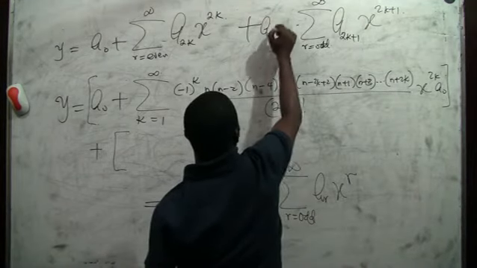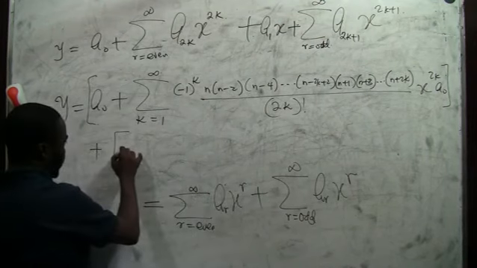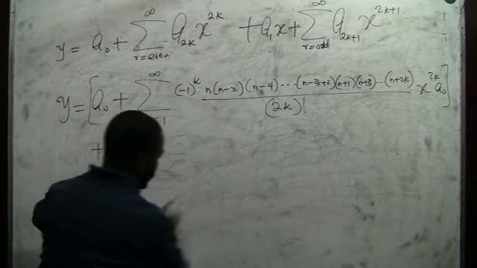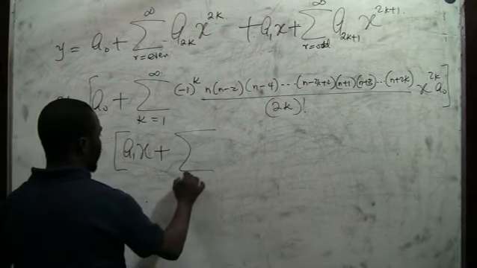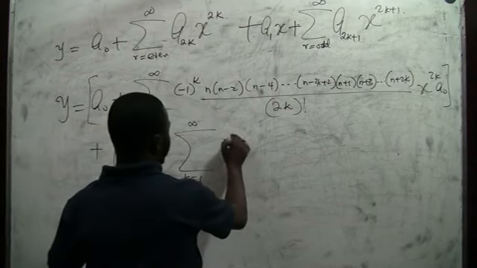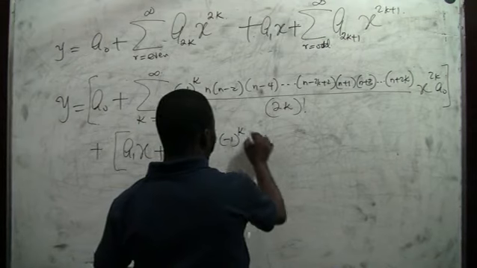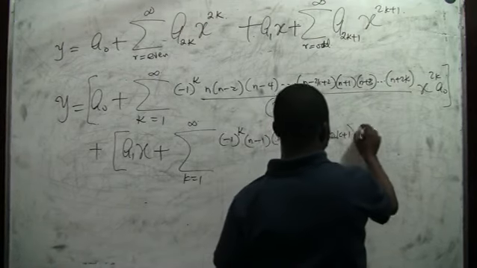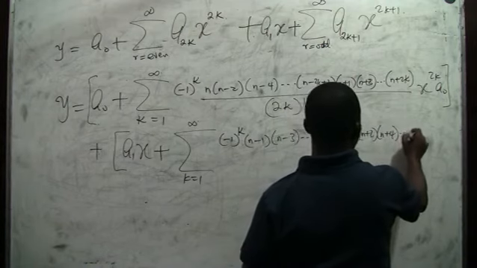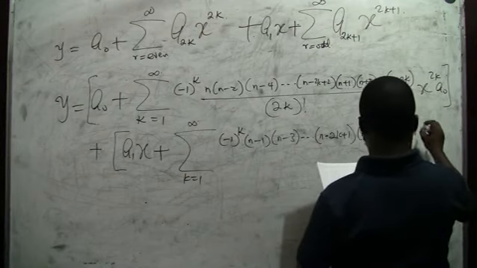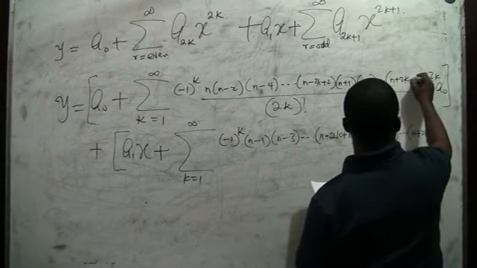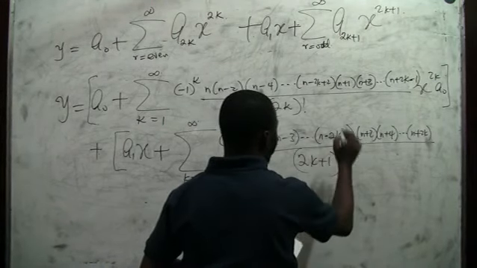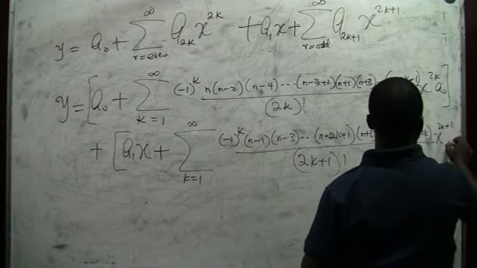And that gives a1 x plus summation k from 1 to infinity, the general term: minus 1 raised to power k, n minus 1, n minus 3 up to n minus 2k plus 1 into n plus 2, n plus 4 up to n plus 2k, all divided by 2k plus 1 factorial, x raised to power 2k plus 1, a1.